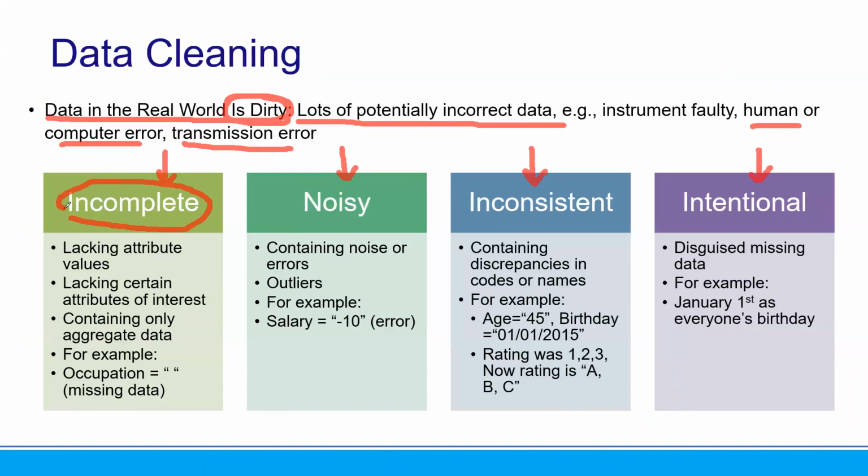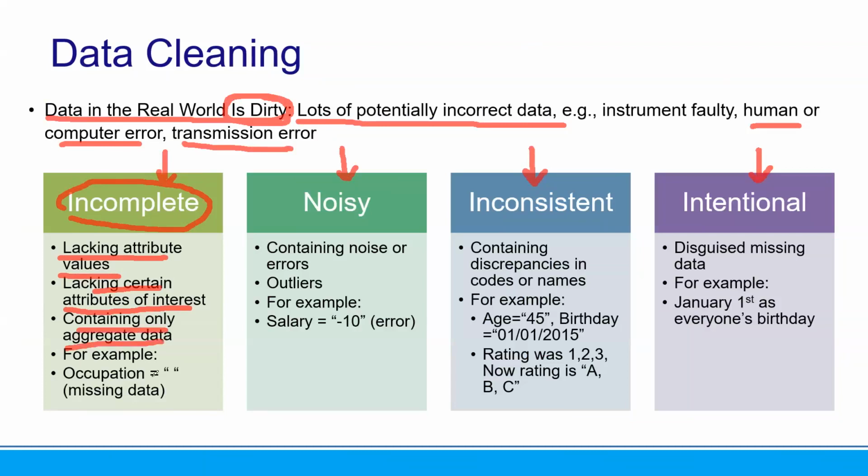The data may be incomplete. The meaning by incomplete, it is lack attribute values. Maybe no attribute values. It has certain attributes of interest. It contains only the aggregate data, or we cannot get the detailed data.